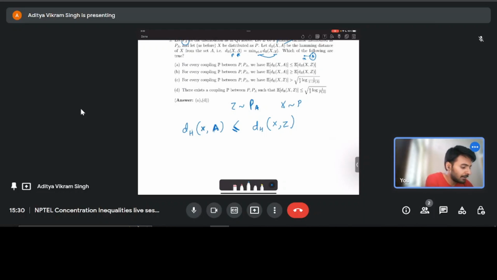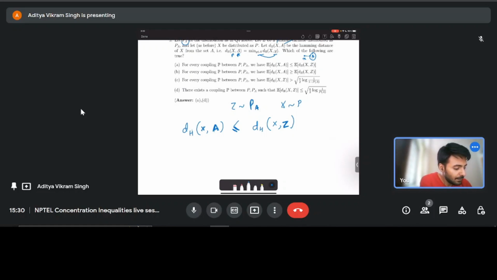But here we just know that Z is in A. Z may not necessarily be closest to x. So this is correct.